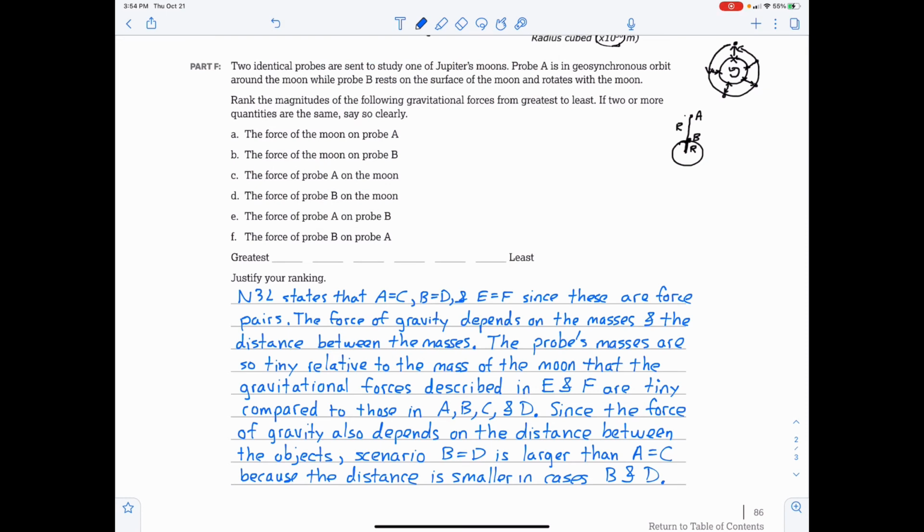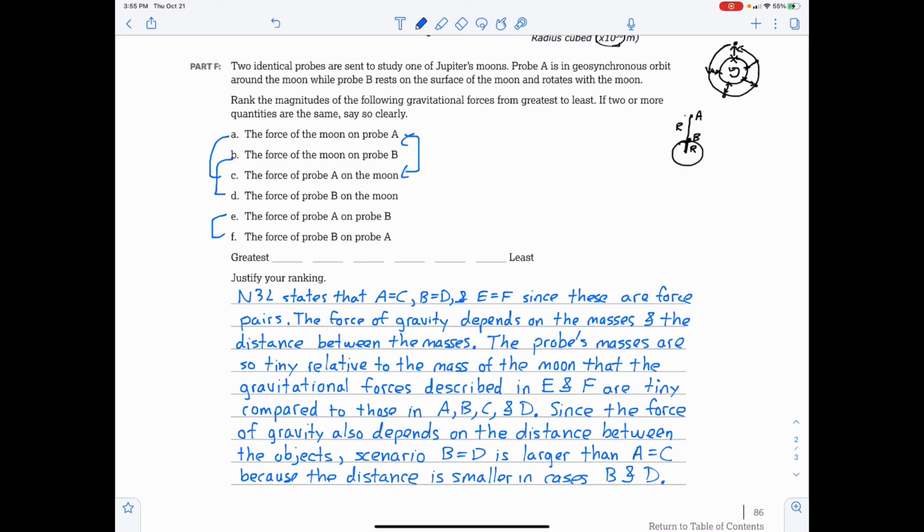Newton's third law states that A should equal C, B should equal D, and E should equal F. Okay, let's read these carefully. A says the force of the moon on the probe, and then C is the force of probe A on the moon. Well, sure, those should be the same.